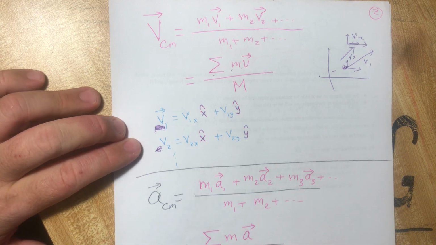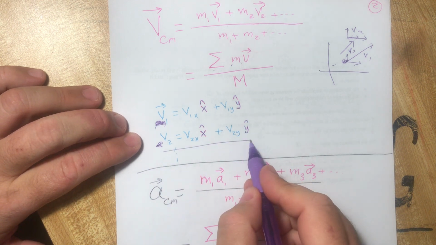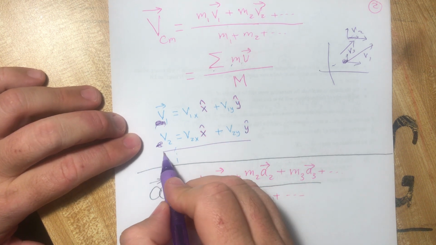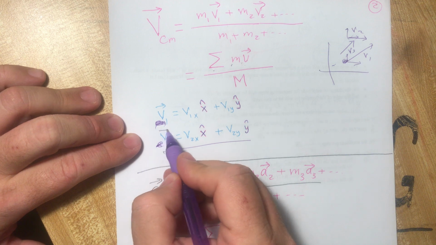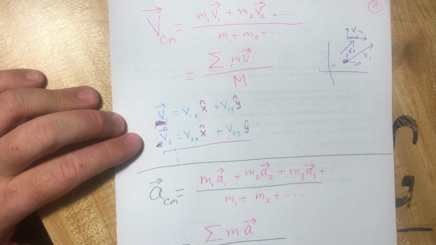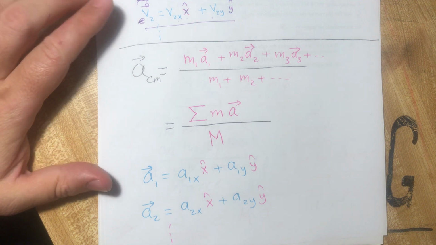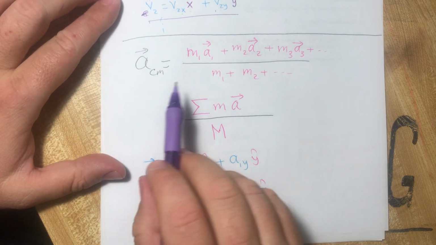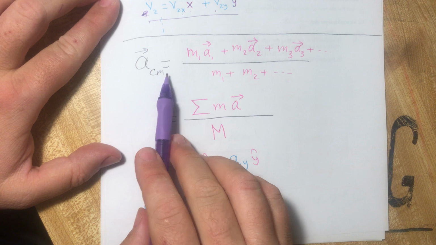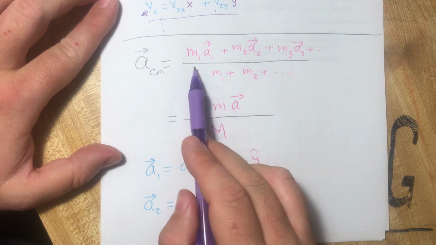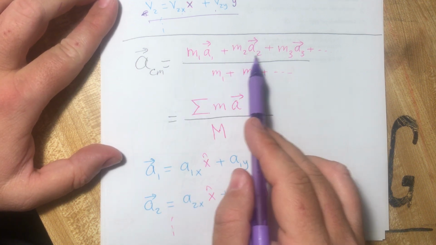The second body is the same: its velocity has two components, one in the x direction and one in the y direction. For the acceleration also, the acceleration of the center of mass depends on the acceleration of each body.